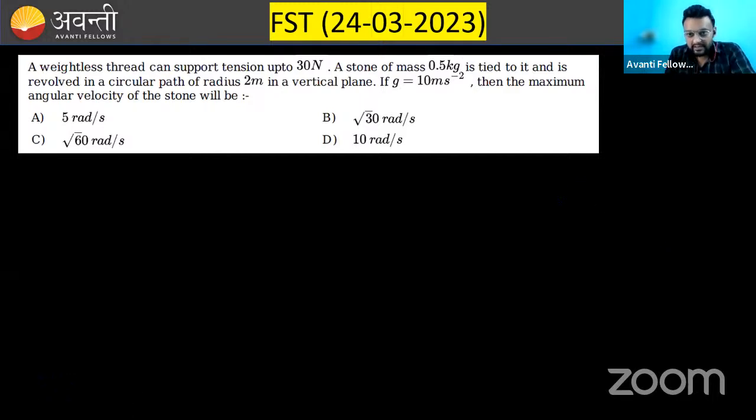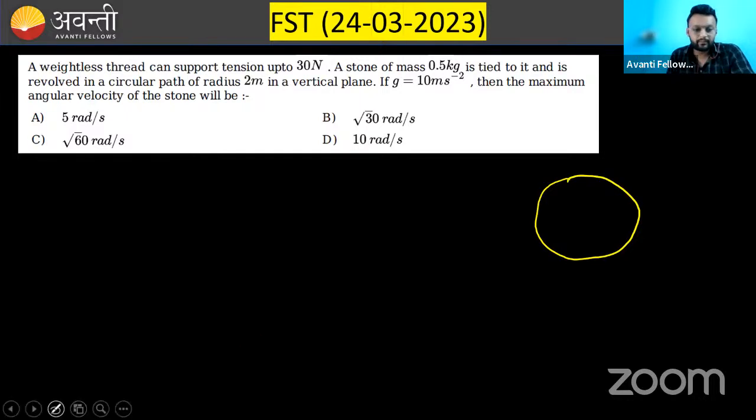Okay, let's draw a rough diagram. Let's suppose this is a circular path in which the particle is being revolved, and this is the particle which is tied like that. Clear? It is moving in this way.